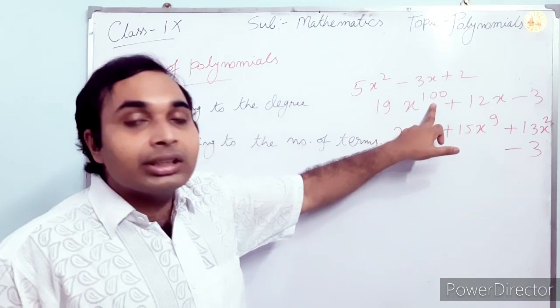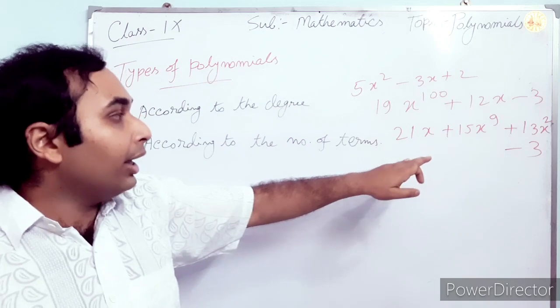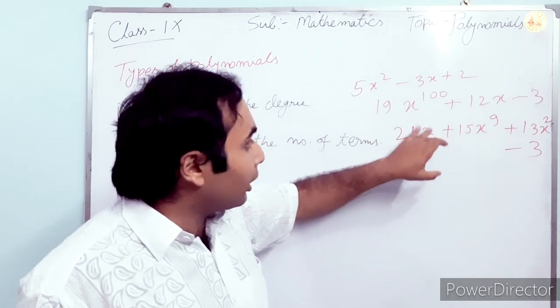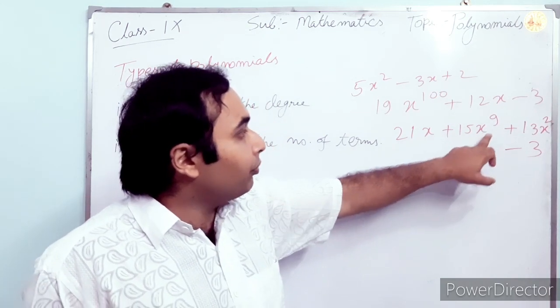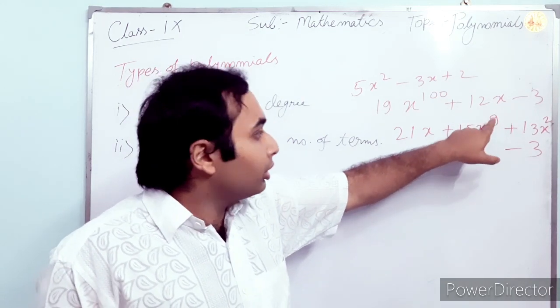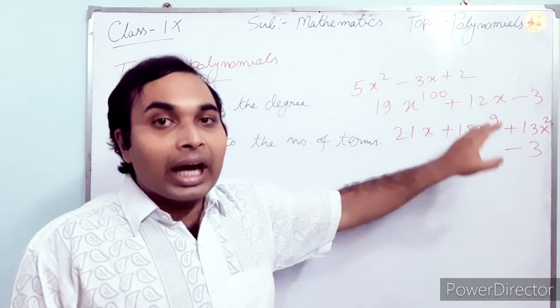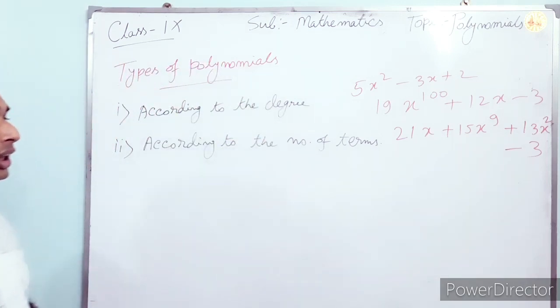Here the highest power is 100, so it is a 100-degree polynomial. And here just see, the leading term is the highest power, 15x to the power 9. So the highest power is 9. That's why it can be called a 9-degree polynomial. So this is according to the degrees.